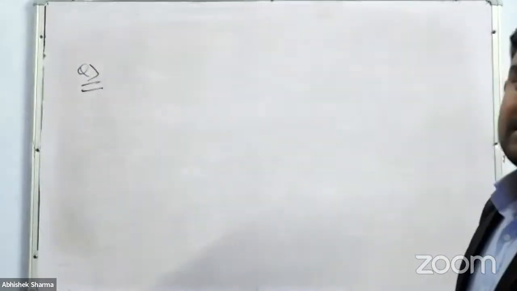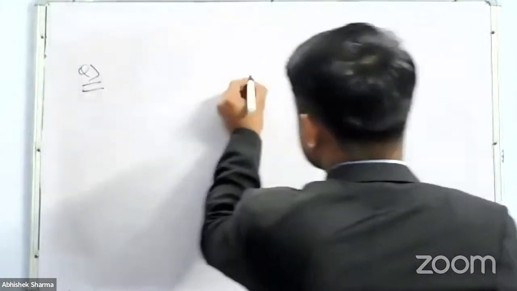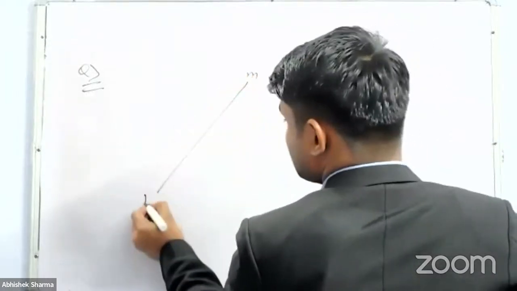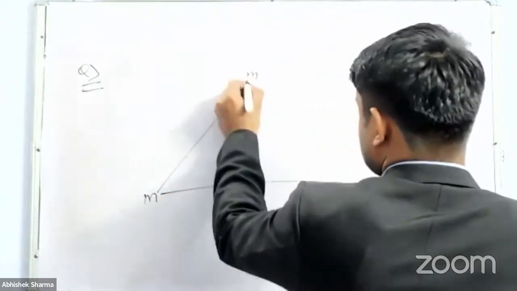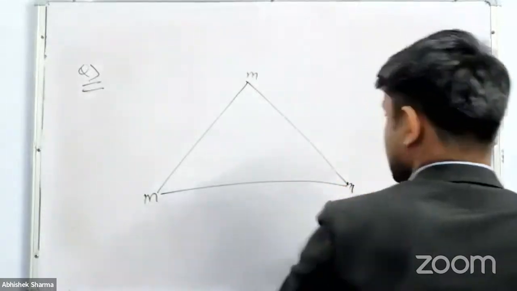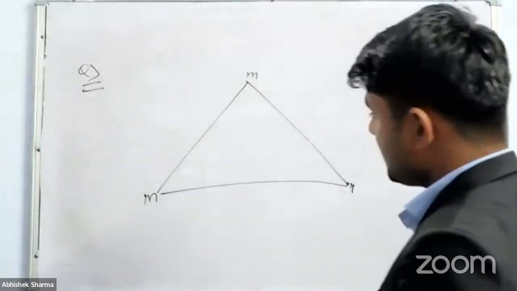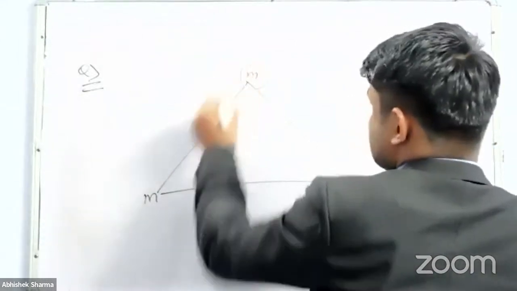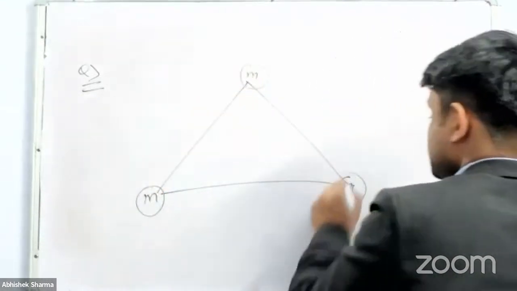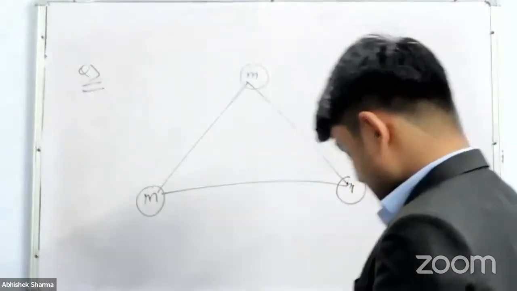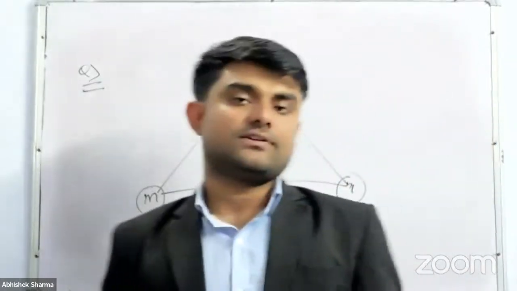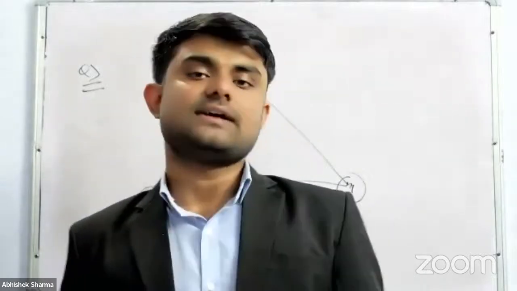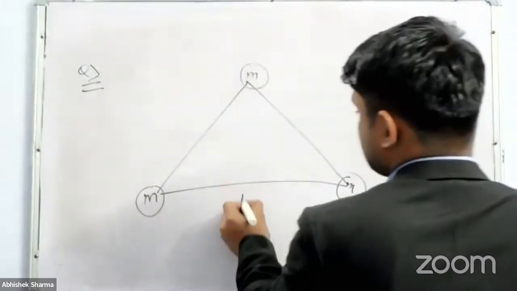So let us take an equilateral triangle. There are three masses at the vertices of the equilateral triangle. This is mass M, this is mass M, this is mass M. Since it's an equilateral triangle, the sides are all equal.